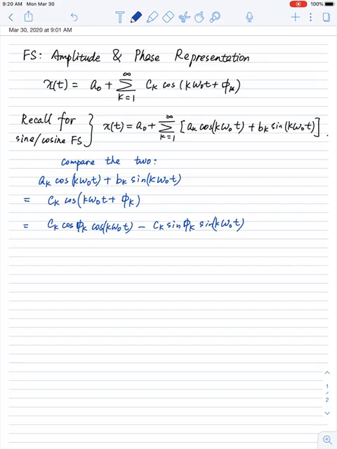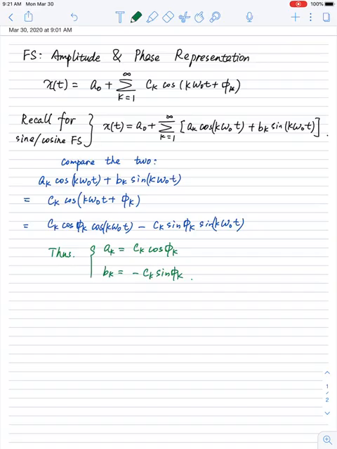So by comparing the first line of the equation and the last line of the equation, we can simply obtain the following result. We can find that ak should be equal to ck cosine phi k, and bk should be equal to minus ck sine phi k. So therefore, if we are given the amplitude and phase representation, we can easily calculate the coefficients of the sine cosine representation.